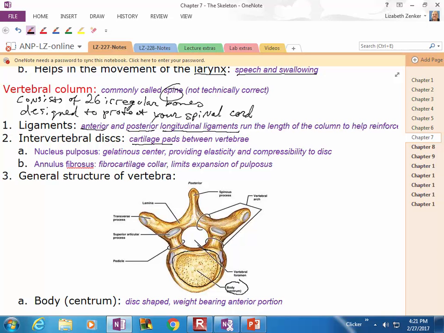So the nucleus pulposus is like a gelatinous center. I kind of tell people that first thing in the morning when you're really stiff, it's like your disc is an overfilled jelly donut, because while you've been sleeping at night, it gets more of the water and nutrition back into the disc.